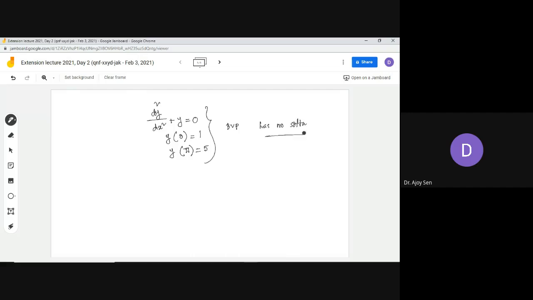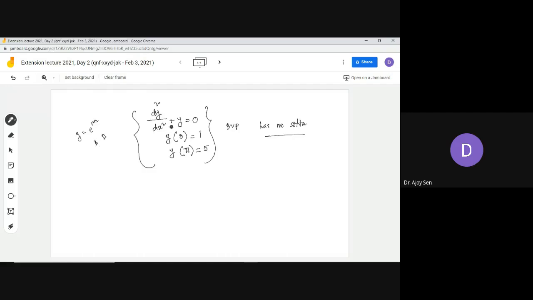So the existence of a solution of a boundary value problem is also not very easy. There are certain criteria for checking whether a boundary value problem has a solution or not. I think you can easily solve this equation. You all know this type of substitution, y equals e to the power mx, and you can very easily find the solution, and from the solution you will see that there are two constants a and b.